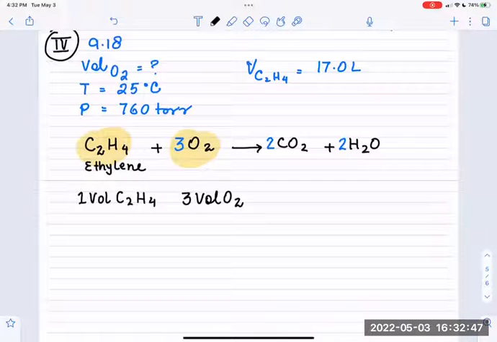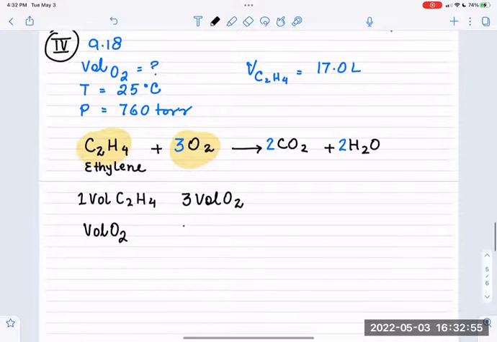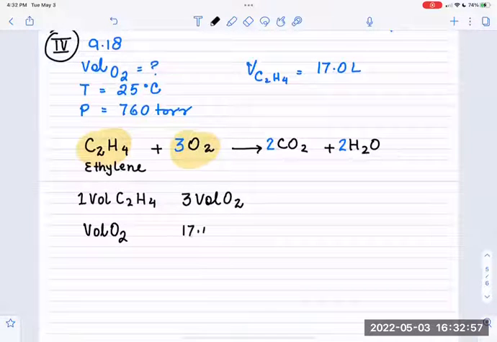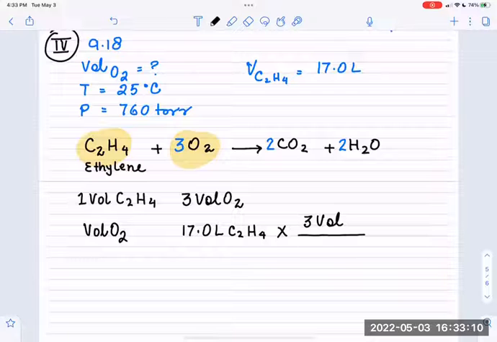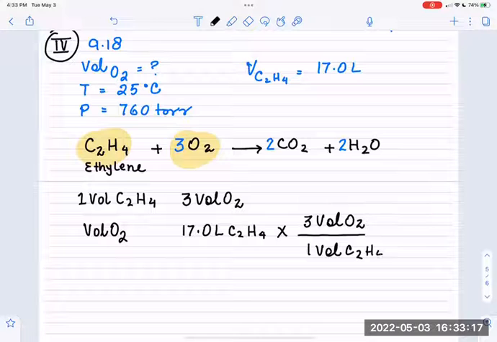Next is let's find the volume of oxygen. That's what the question is asking. So you're going to take 17.0 liters of C2H4 times the 3 volumes of oxygen over 1 volume of C2H4.